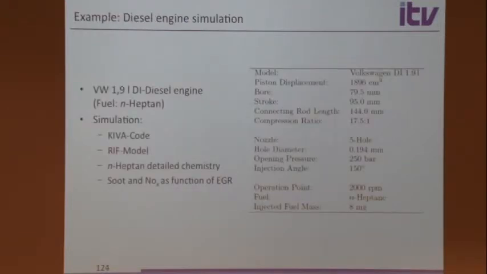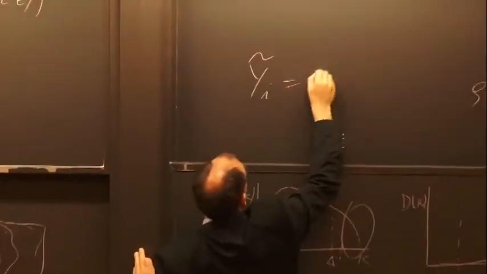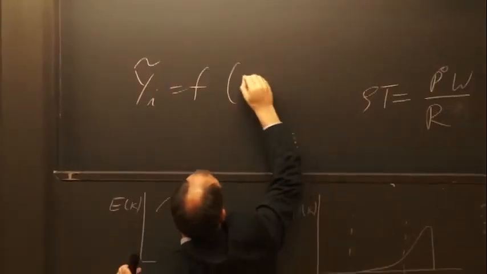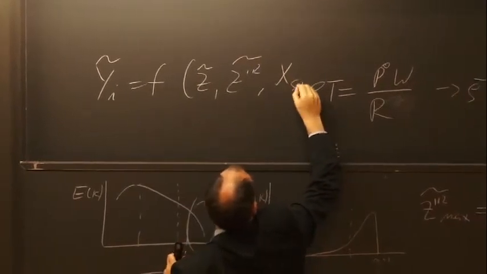So that is what we call then a flamelet library. A flamelet library really is solving these steady-state equations and then evaluating this integral for all possible combinations of mean mixture fraction, variance, and stoichiometric dissipation rate, and then you get a table that looks like this: Yi as a function of Z mean, Z variance, and stoichiometric dissipation rate.